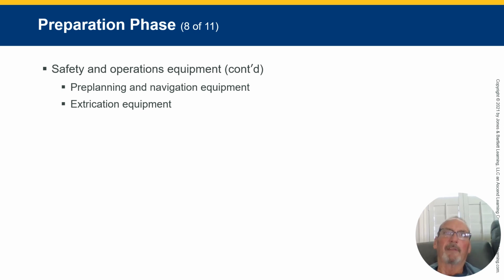So, for example, say they work in a Parks and Rec department, they have to leave there in their work truck, go to the fire station, get the first response vehicle or the rescue vehicle, and then from there, go to the scene. That may be 10, 20, 30, 40 minutes. So services that have those long response times, their local EMS are trained how to do their own extrications and carry that equipment.